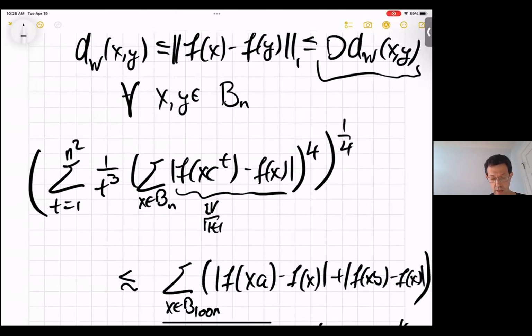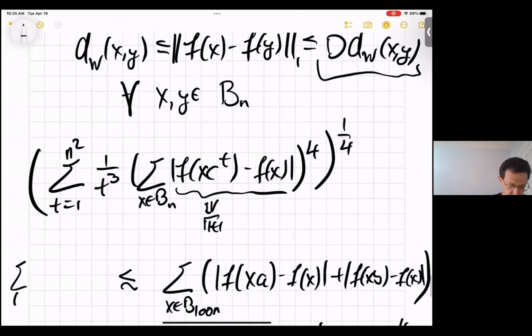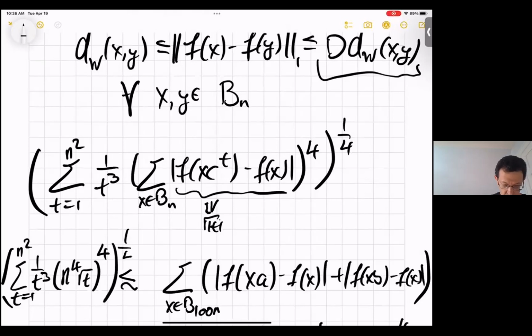If we write all of this together, we have the sum, t goes from 1 to n squared, 1 over t cubed. Each of these elements is root of t. So what you have here is the number of elements in the ball of radius n, which behaves like n to the 4th, and then there is a root of t. All of this is raised to the 4th, and all of this is the 4th root.